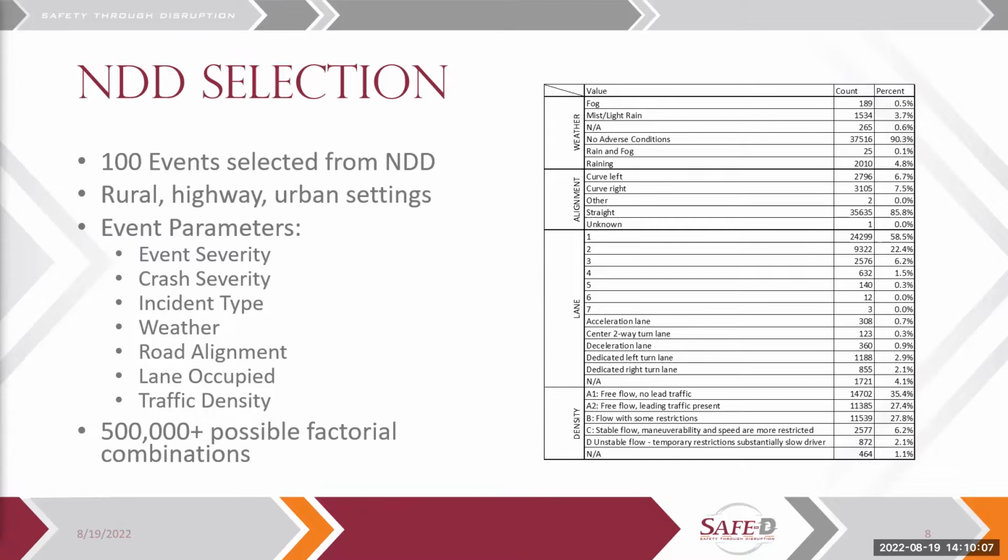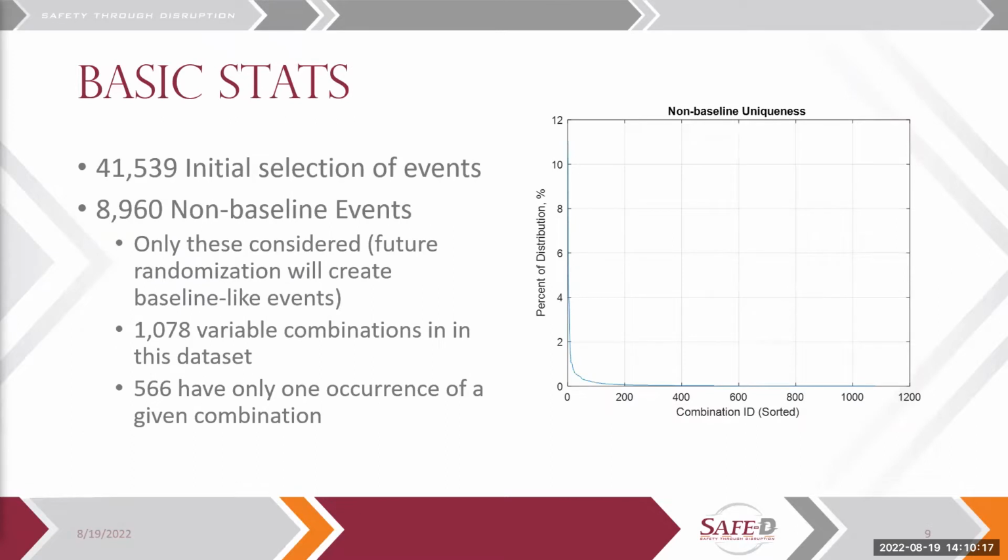So we need to find a way to select for the scenarios that are most meaningful. When we plot the different distribution of those combinations, you can see they mostly stack up all in one, like I showed before. And there's a grand total of 1,078 unique combinations that were in the data set.